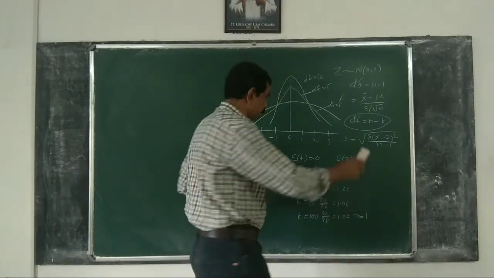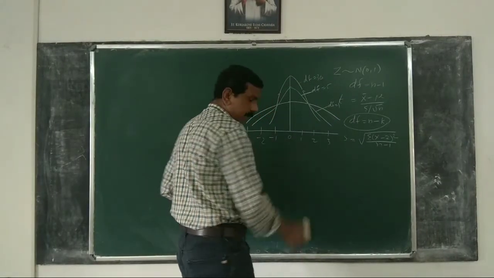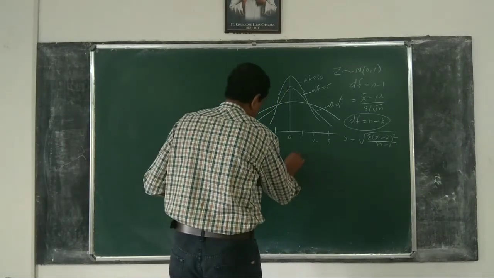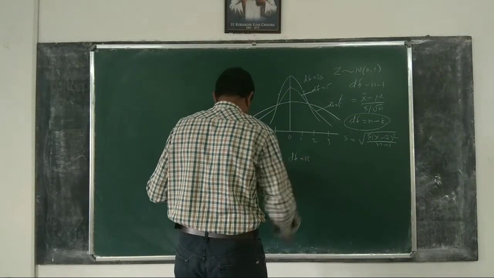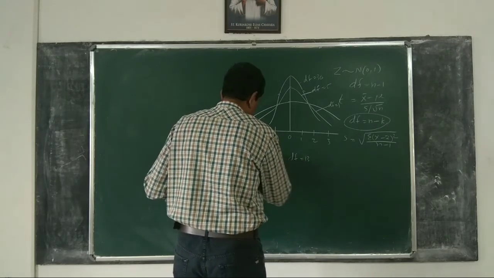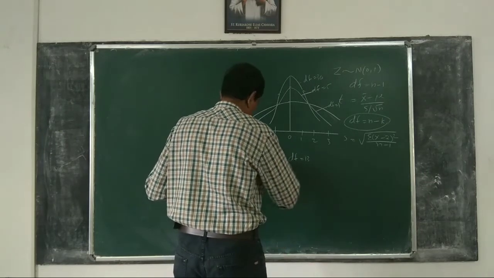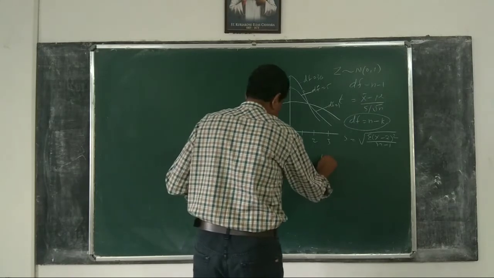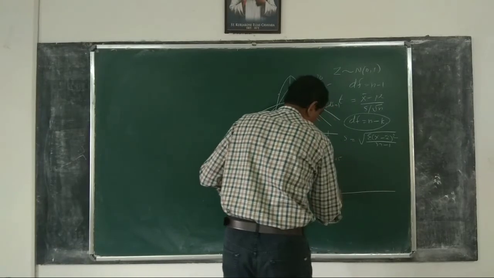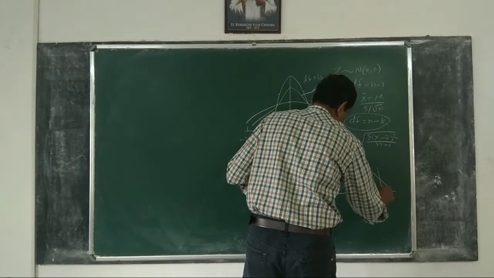As an example of how to use the t curve, let us suppose that degrees of freedom is equal to 13, and also assume that alpha is equal to 0.05.